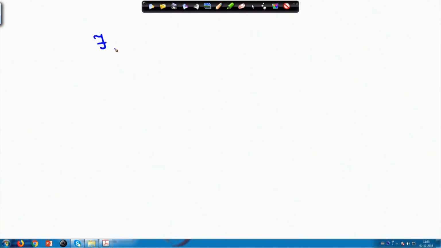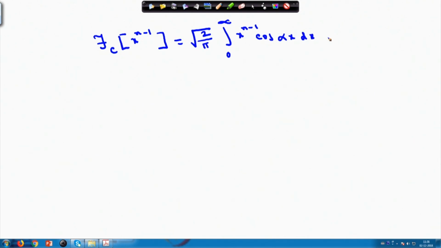We know that the Fourier cosine transform of x to the power n minus 1, from definition, is root over 2 by pi integral 0 to infinity x to the power n minus 1 into cos of alpha x dx. Say this is equation 1.